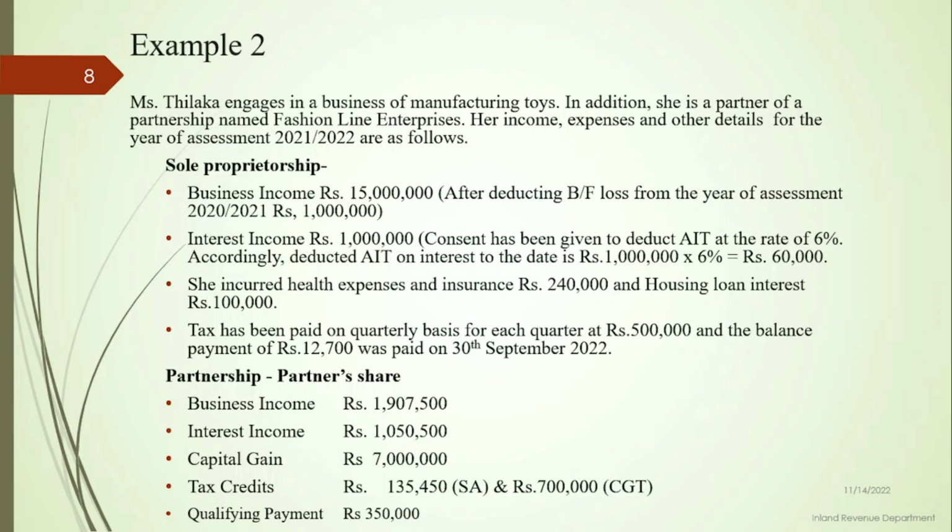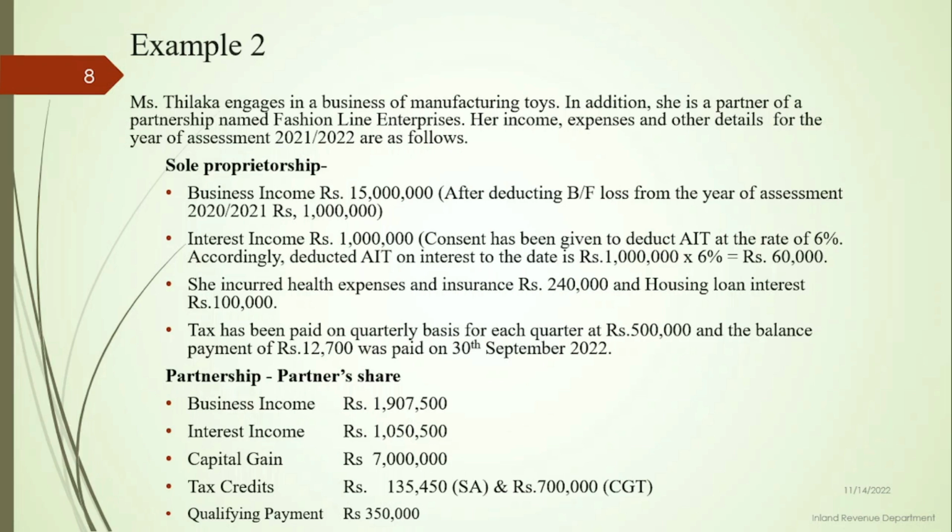She has incurred health expenses and insurance 240,000 and for a housing loan interest 100,000. She has paid quarterly installments of rupees 500,000 for each quarter and a balance payment of 12,700 was paid on 30th September 2022.